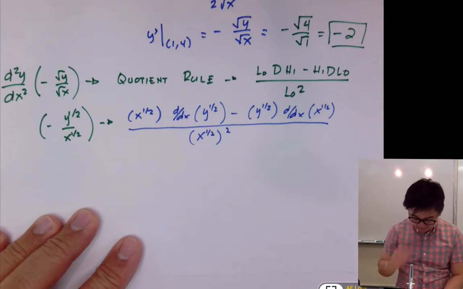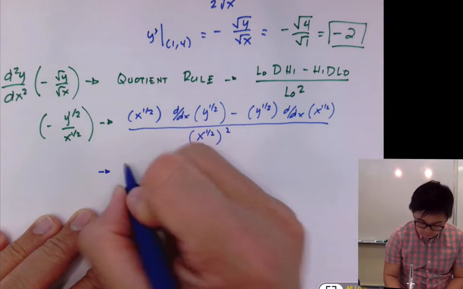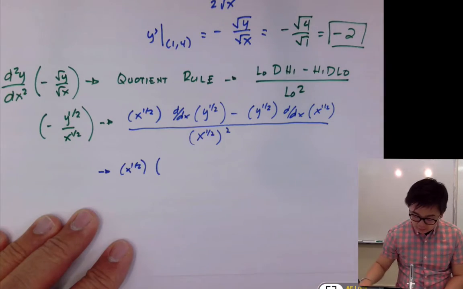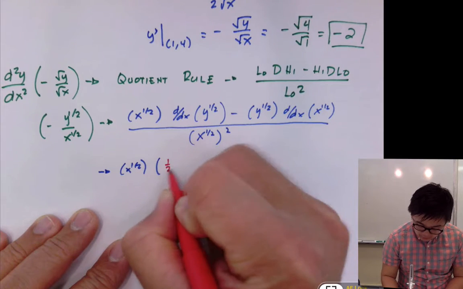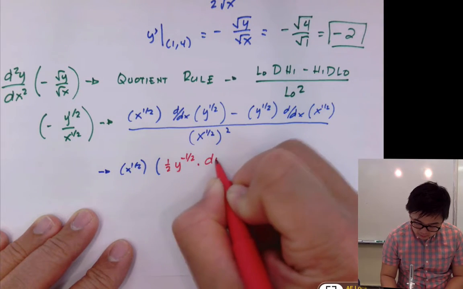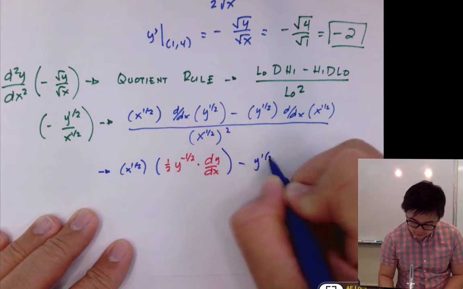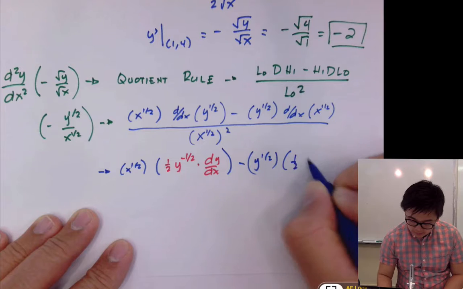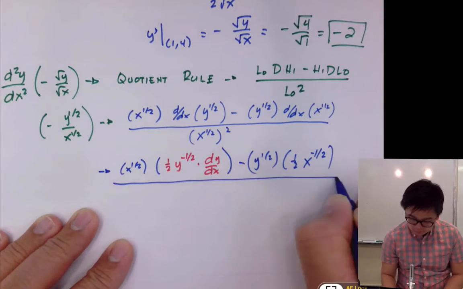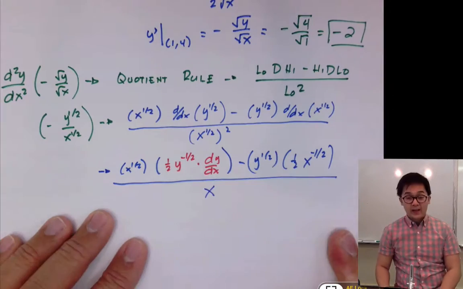In this case, finding the derivative of our function will be simply x to the 1/2 times, this one is going to be negative 1/2 y to the negative 1/2 times dy/dx, minus negative y to the 1/2 and 1/2 x to the negative 1/2, all over x raised to the 1/2 squared, which is simply x.